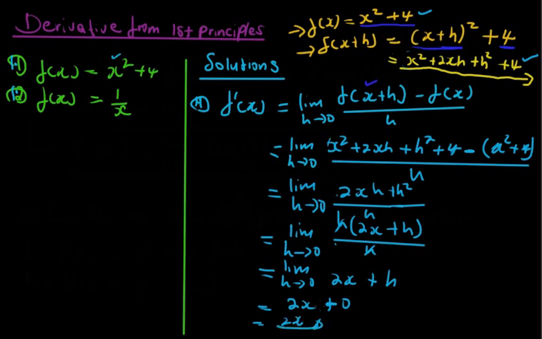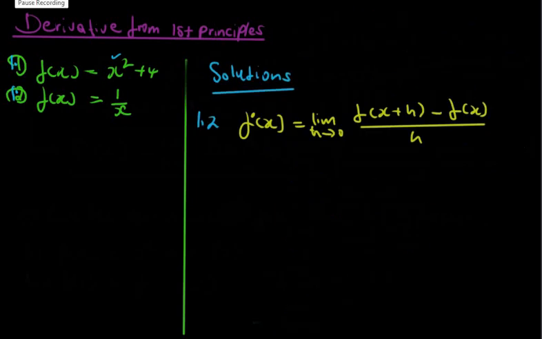I will rush and do the second example in the next 3 minutes that's left. So let's quickly do this. 1.2: f prime of x is equal to the limit as h approaches 0 of f of x plus h minus f of x divided by h. Then we have to do that separately as I suggested before.